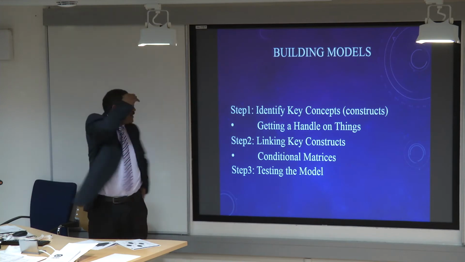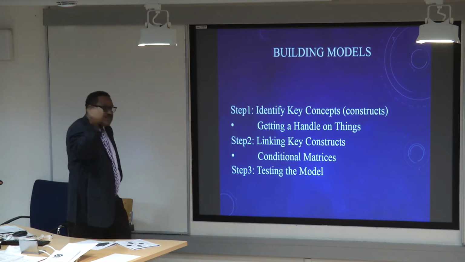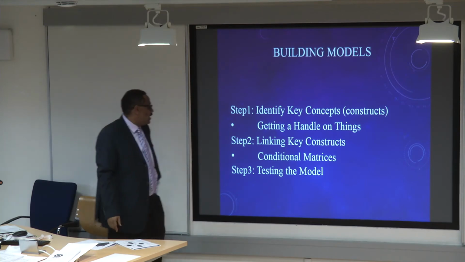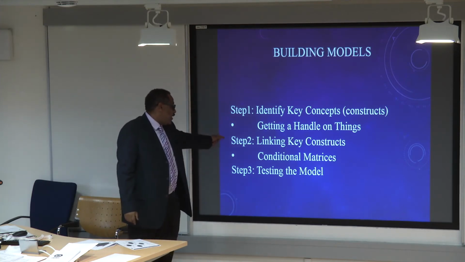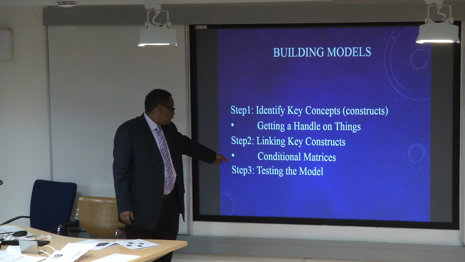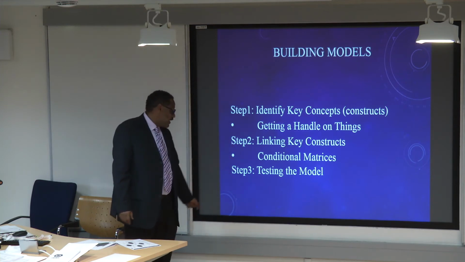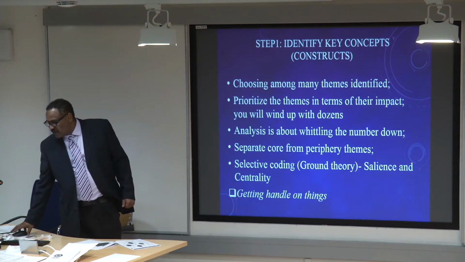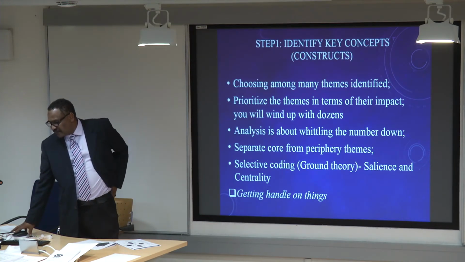So building models is to identify key concepts, so constructs, same as we are talking in quantitative, yeah? Getting a handle on things. Linking key constructs, and this is by conditional matrices, and testing the model is the most important thing. Choosing among many themes identified: prioritize the themes in terms of their impact.